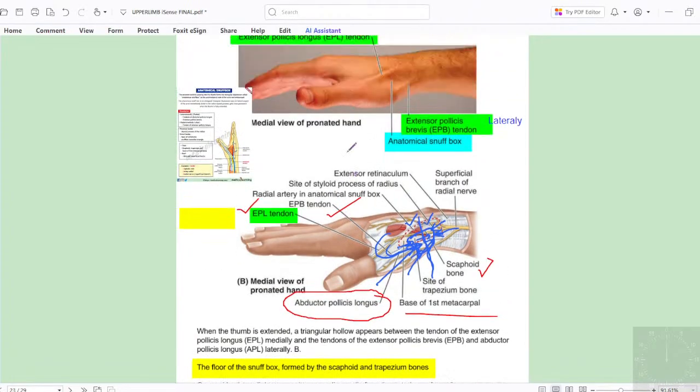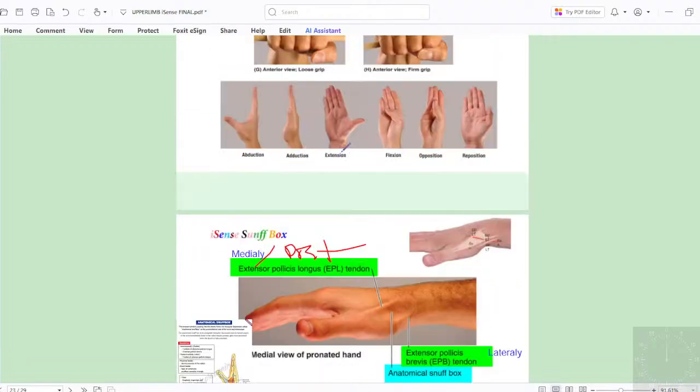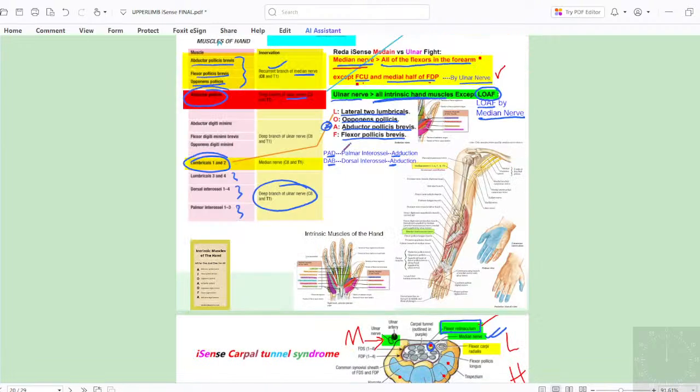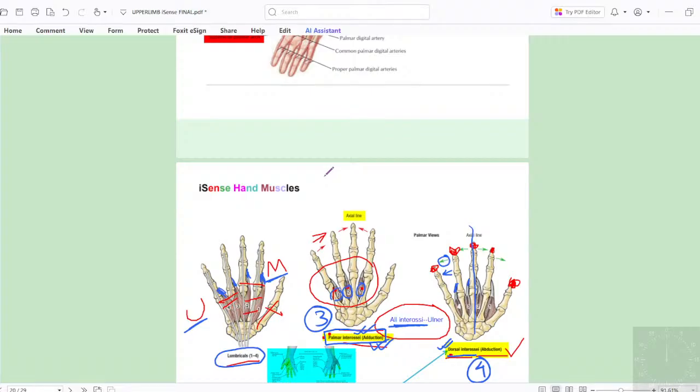From the upper limb, you will get 8 to 10 questions, so you need to read. Once it is done properly, then start EMRCS. Tomorrow also we will keep a date for EMRCS, and we can discuss the MCQs.